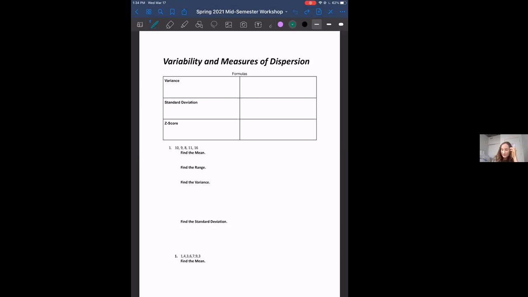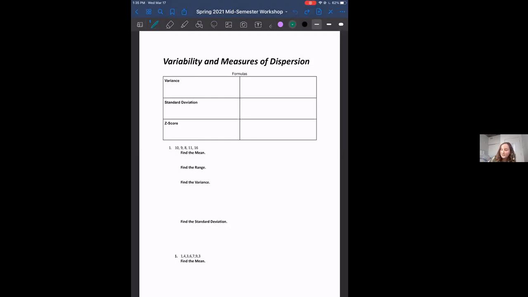Okay, so our first thing, we're gonna write down the formulas for variance, standard deviation, and z-score. Can anyone tell me what the formula for variance is? All right, that's okay.